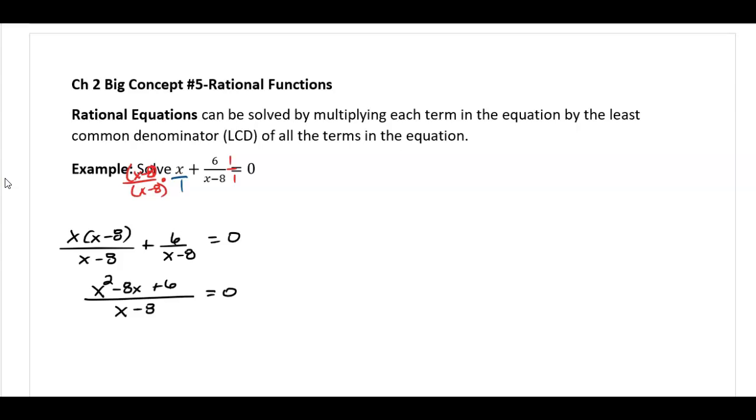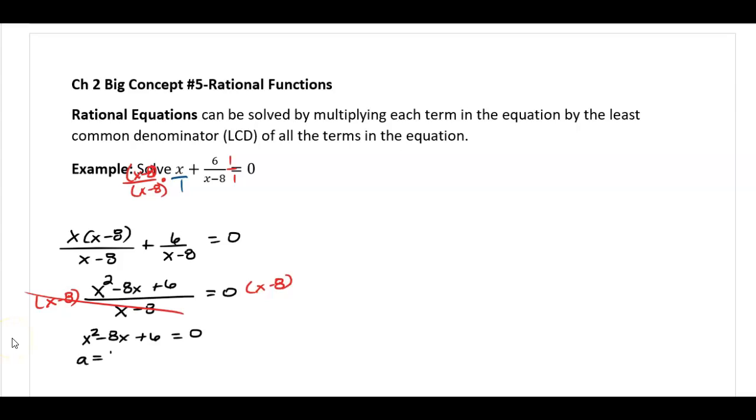Now, let's go ahead and multiply both sides by x minus 8. When we do that, it gets rid of our denominator. So now I have x squared minus 8x plus 6 equals 0, which means now that I am at a quadratic trinomial, I have one of two options. I can attempt to factor it, which in this case, I'm going to tell you it does not factor, or we can use the quadratic formula, which is what we do.